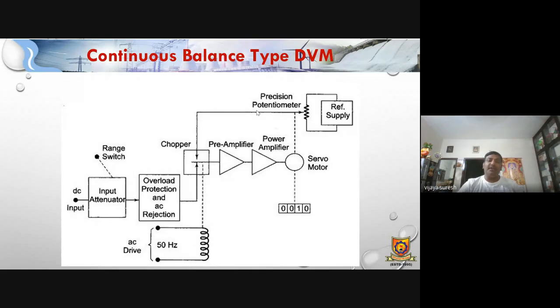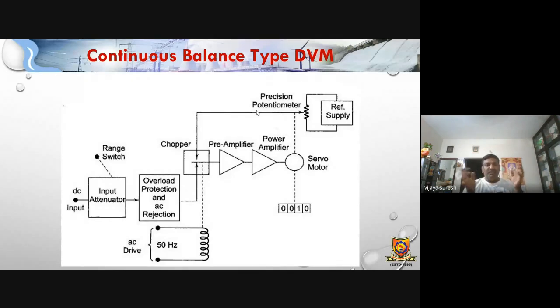So here the continuous balance type digital voltmeter works based on the comparison of the input signal and the reference signal. Depending upon the slider position, input and the slider are going to be compared every time.